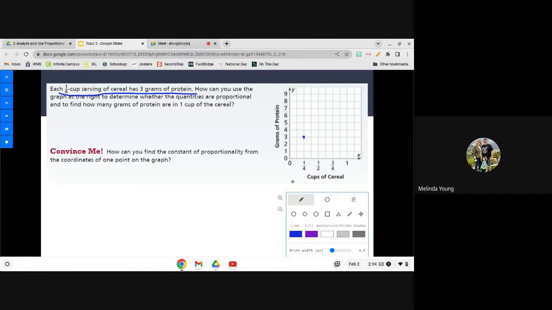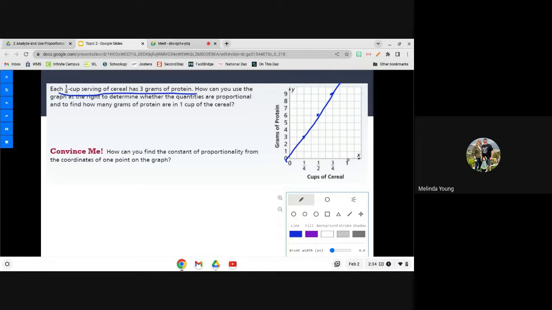I think it's safe to say that every time we go up a fourth, we're adding another 3 grams of protein. So at a half, now I'm going to be at 6. At 3/4, I'm going to be at 9. And so right now, I've got this proportional relationship that's looking like that.